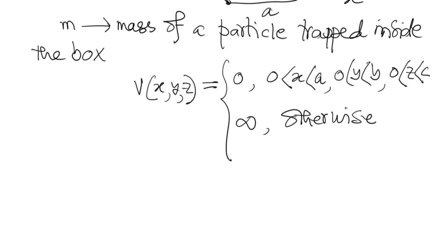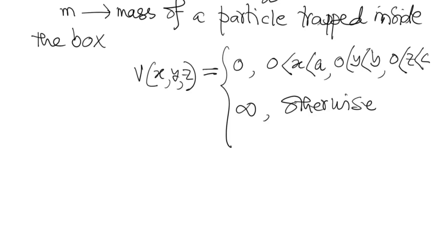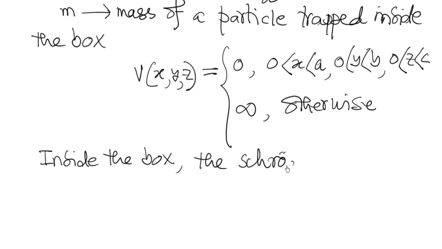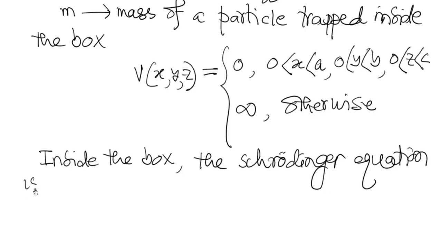Okay, so we write down the Schrödinger equation of the particle inside the box. We can write down minus h cut square by twice m del square psi, and we don't have potential energy inside the box, so that term is 0.